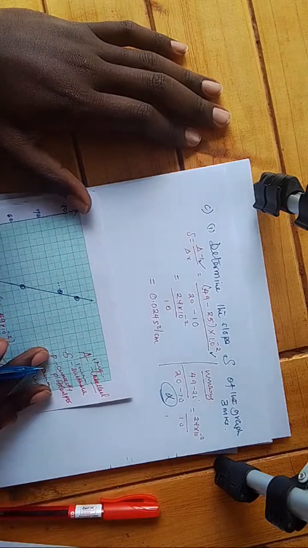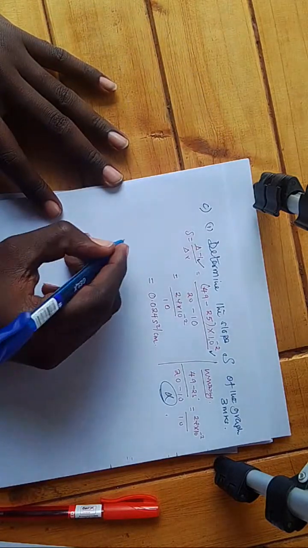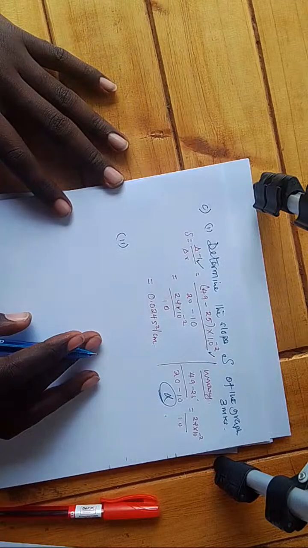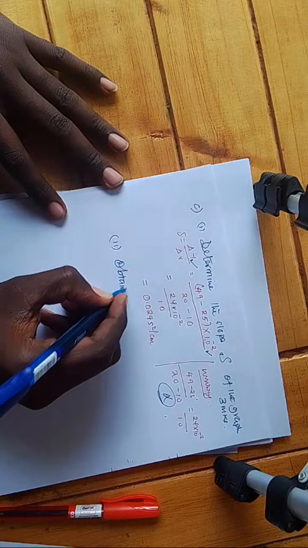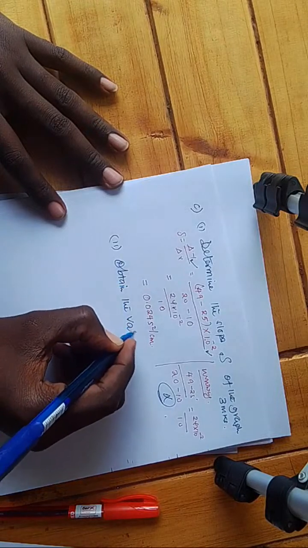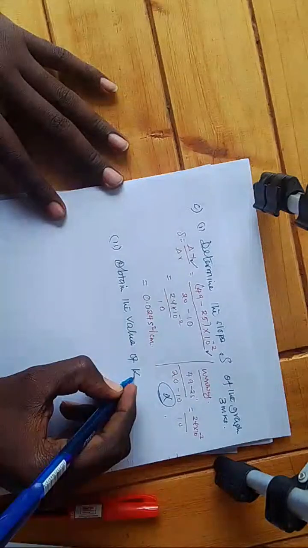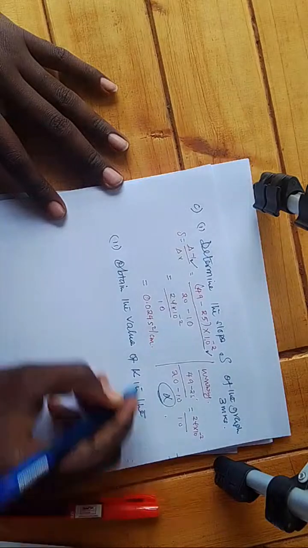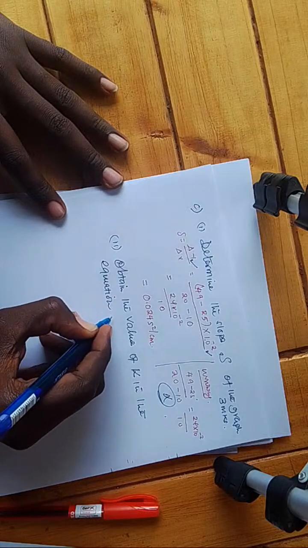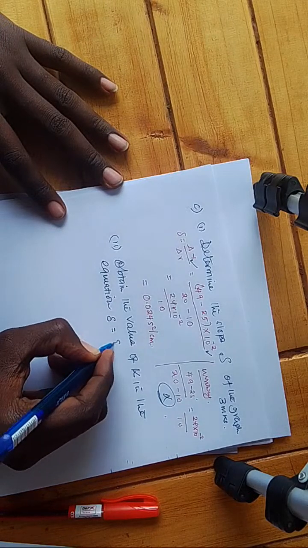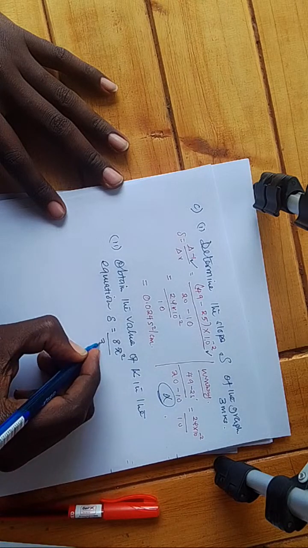Now that we have calculated the gradient, we look at the next question. We are told: obtain the value of k in the equation s is equal to 8 pi squared over 3k.